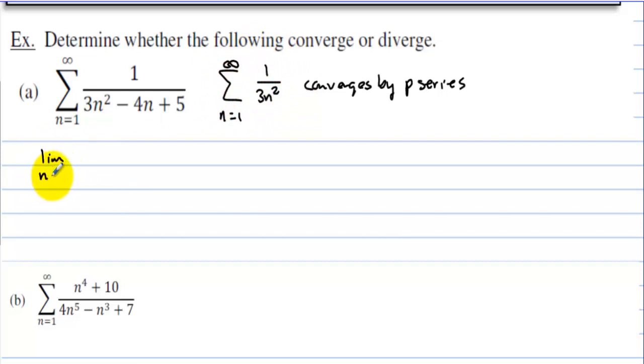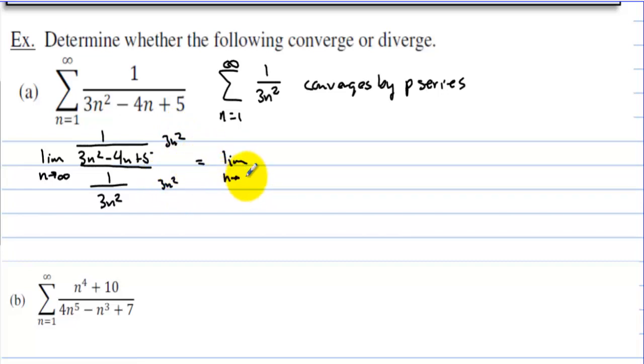We have the limit as n approaches infinity of a sub n over b sub n. We have 1 over 3n squared minus 4n plus 5, and then over 1 over 3n squared. Well, if we multiply the top and bottom by 3n squared, we get the following. The limit as n approaches infinity of 3n squared over 3n squared minus 4n plus 5, because these will cancel, and then 3n squared times 1 is 3n squared.